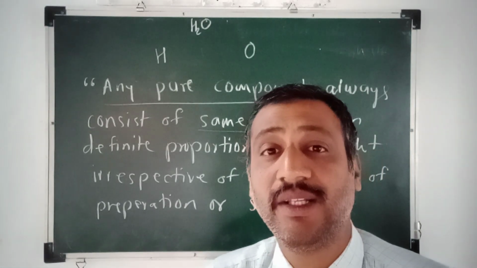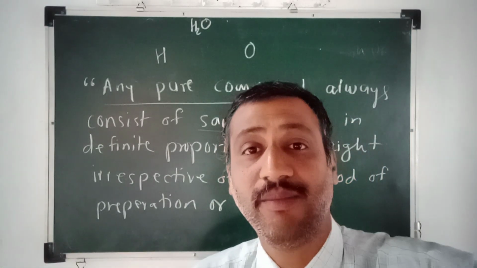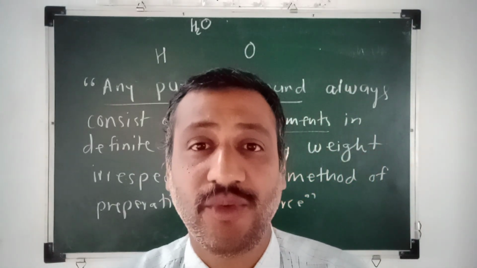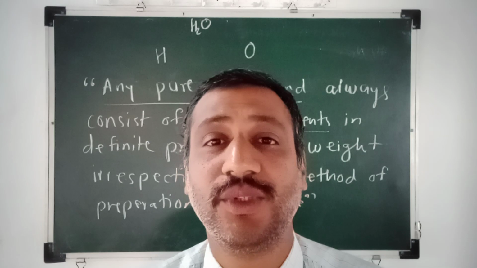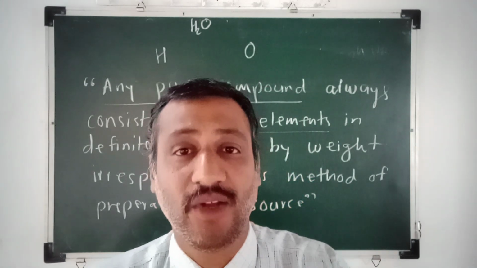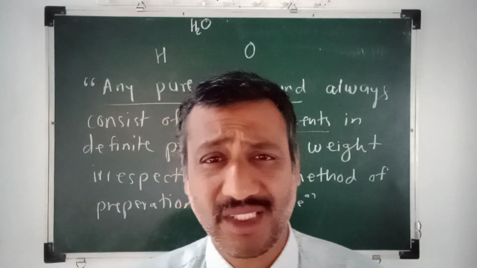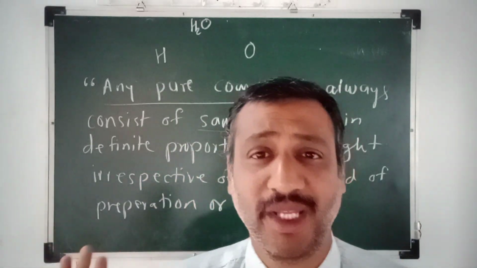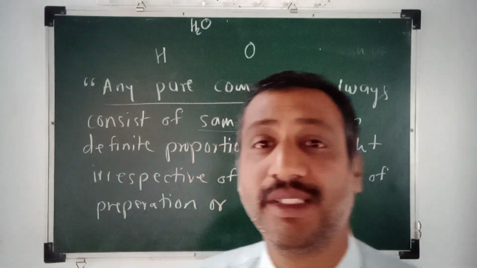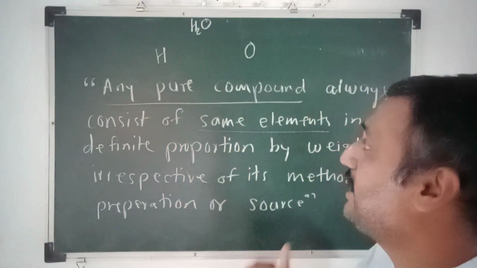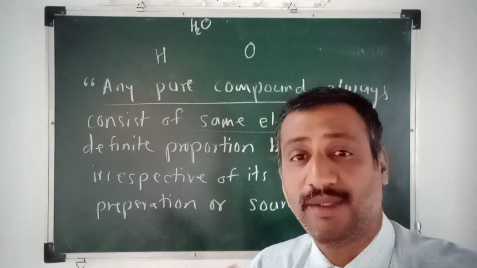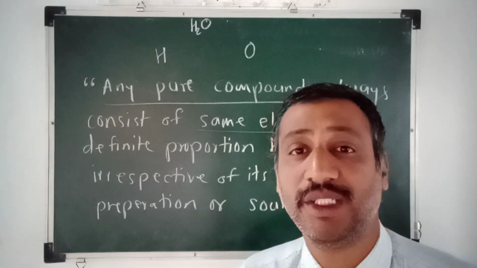The main thing is that irrespective of source, it may be rainwater, it may be river water, it may be mineral water, the mineral bottle which we purchase, or filter water, and it may be from India or any other country, Australia, America, China, Japan, or from anywhere. If it is pure water, it always consists of hydrogen and oxygen, and the mass ratio of hydrogen to oxygen is fixed.